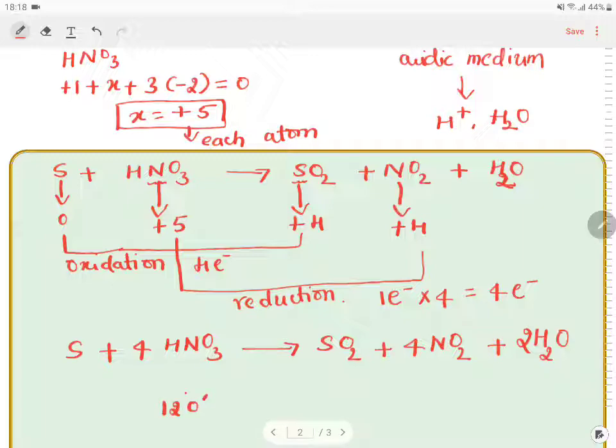Now here it is 2 plus 4 twos are 8 plus 2 from water. Totally 12 oxygen. So here also 12 oxygen atoms. Therefore, all the elements are getting balanced. So this is how we can balance the equation by oxidation number method. I hope it is clear. Enjoy. Thank you.